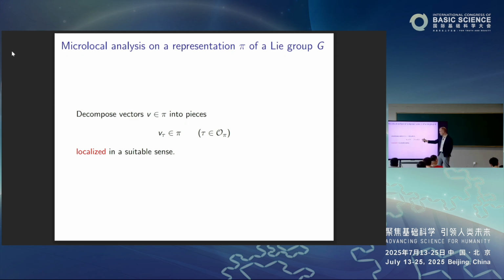And in kind of the same way, you can think of the coadjoint orbit as a phase space that underlies the representation, with points in this orbit indexing vectors in the representation that behave very simply, kind of in the same way that individual musical notes can be understood more simply than general audio files.